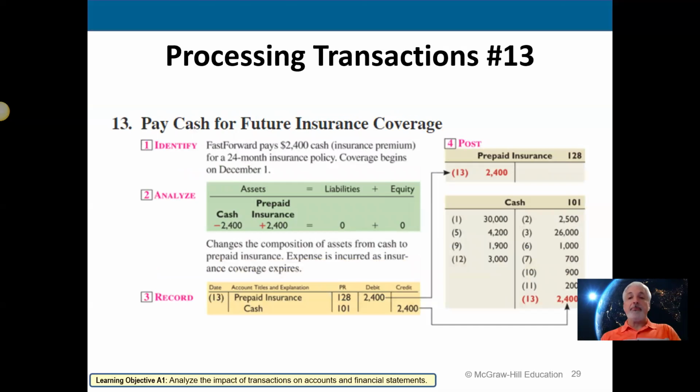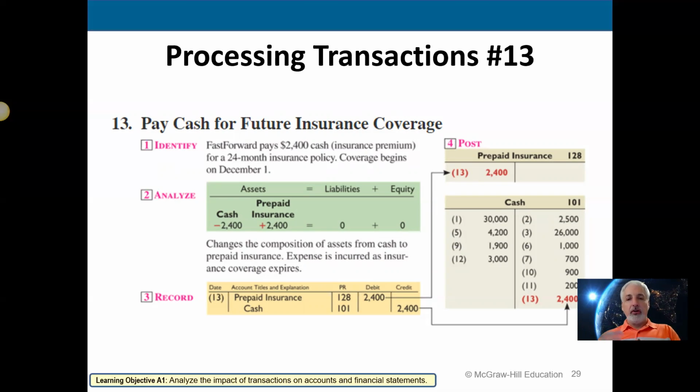Future insurance company, we have prepaids. I write a check for $2,400 for 12 months worth of insurance on December 28th, starting January 1. So that's next year's insurance, prepaid. I haven't used it up. Because if my building burns down on January 31, I've got 11 months of premium that, well, they have to pay my building, but I don't need to insure a burned down building for the next 11 months.